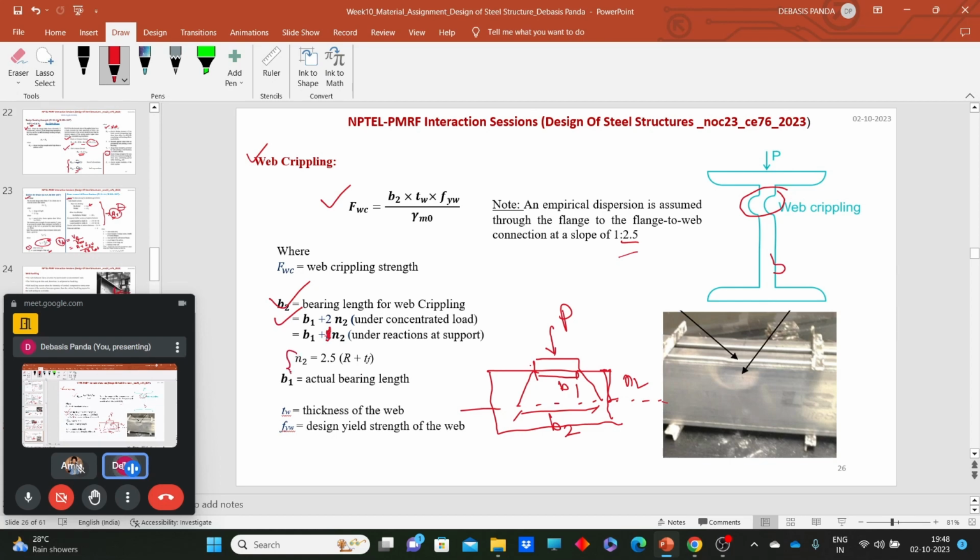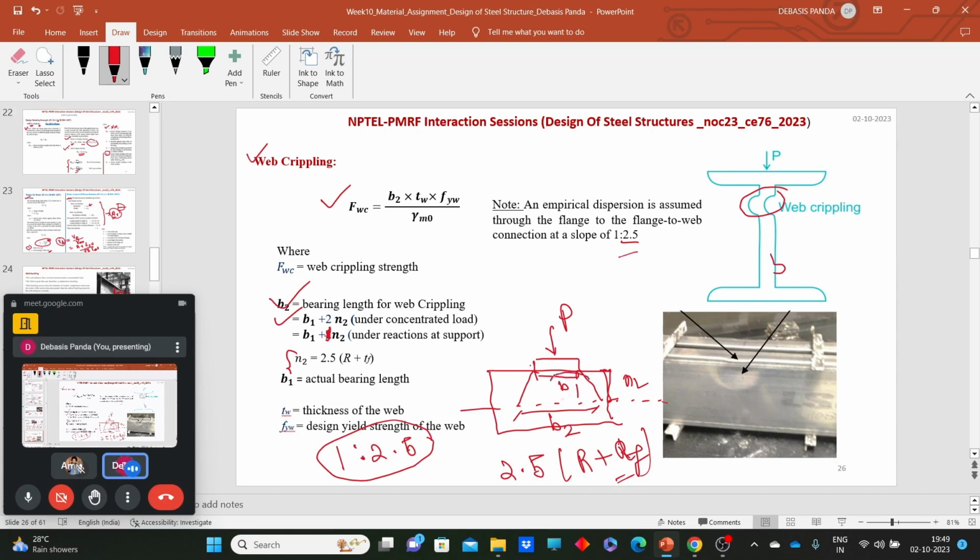Now, how can we calculate the n2 value? Here we have considered the 1:2.5 load dispersion criterion. The n2 value is calculated as 2.5 times r, the root radius, plus the thickness of the flange. So for this kind of web crippling, two things we need to know.